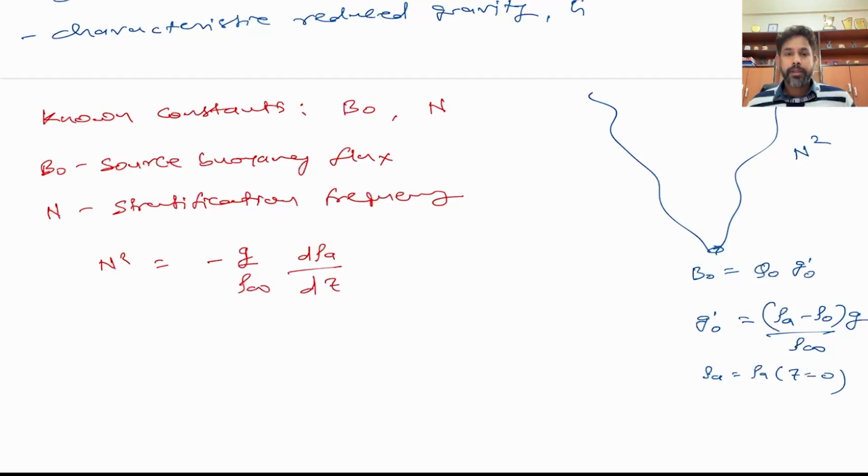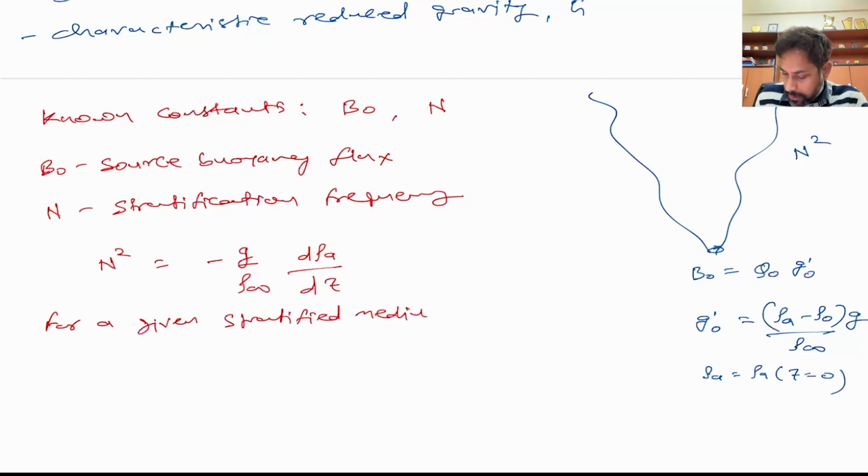So you can see that it depends on rho ambient and rho infinity, and for a given stratified medium, N square is constant, right? And B naught, the source buoyancy flux, is also constant for a given plume.